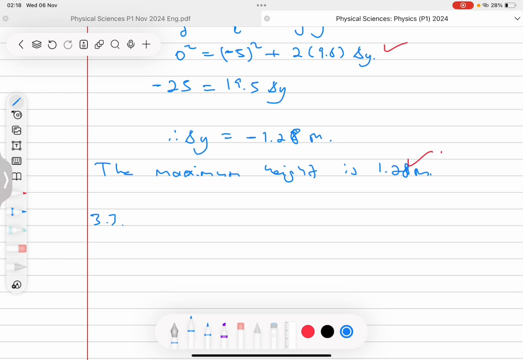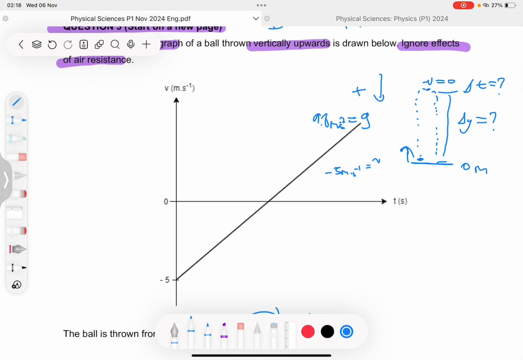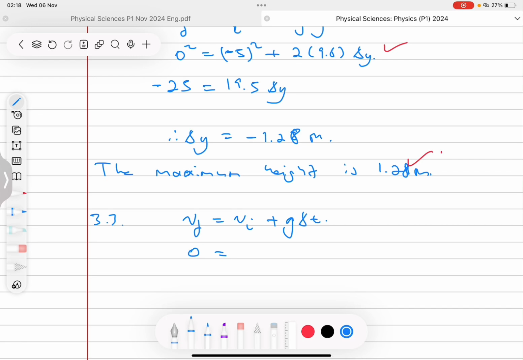At this stage we have a lot of quantities that we can use, but one formula that I'm going to use is the definition of acceleration, where the final velocity is equal to the initial velocity plus the acceleration due to gravity times time. My final velocity will be 0, because we're looking for the time from here to here, so the final velocity would be here, and this would be my initial velocity.